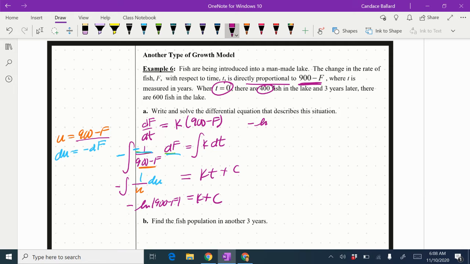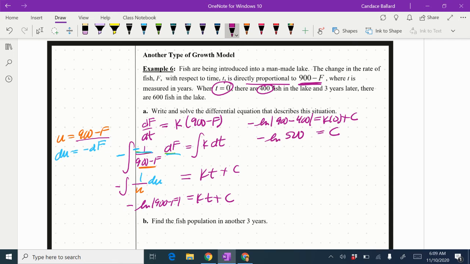So negative natural log absolute value of 900 minus the 400 fish equals k times 0 plus c. It should have been kt plus c, I totally messed this up. All right, so that goes away. So we get c equals negative natural log of 500.